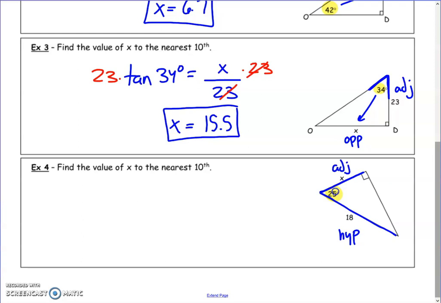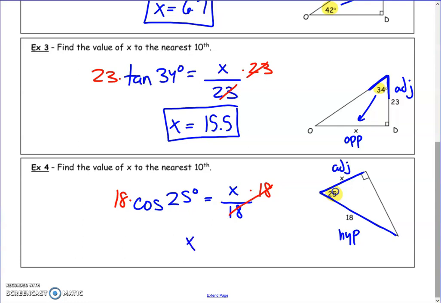So the way you say it is cosine, but again, you just write down the abbreviation, which is COS. Cosine of the angle, 25 degrees, equals the adjacent side, x, divided by the hypotenuse, which is 18. That equation is in the same pattern as the others, which means I just need to multiply by 18 because x is up high. Those cancel.